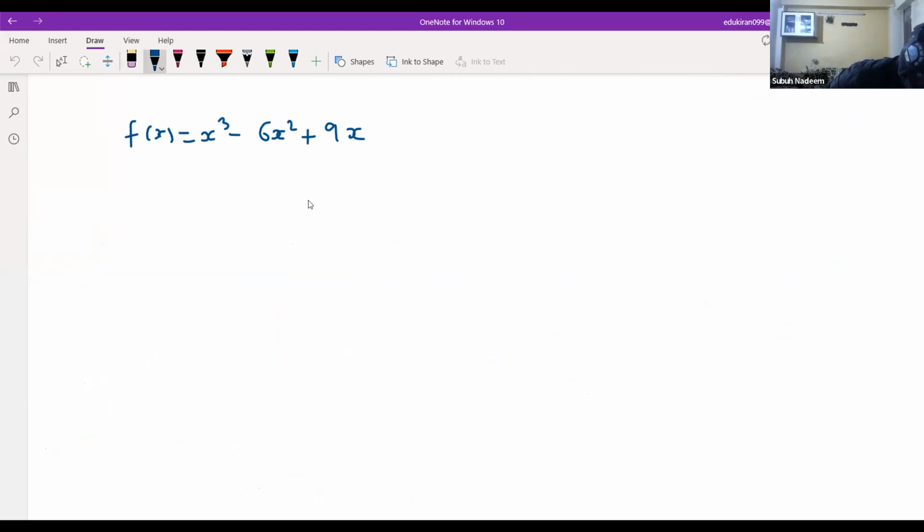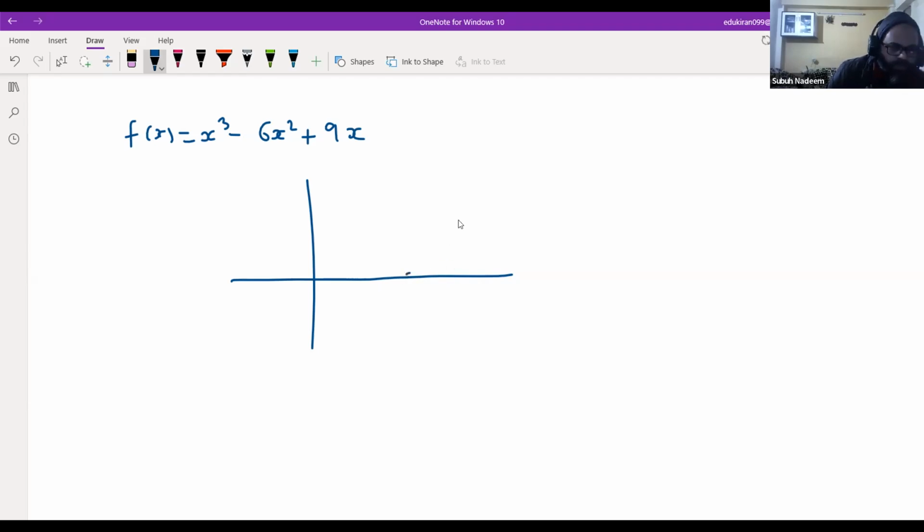And the graph of f(x) is on the right side. That is like this. This is 3, 2.